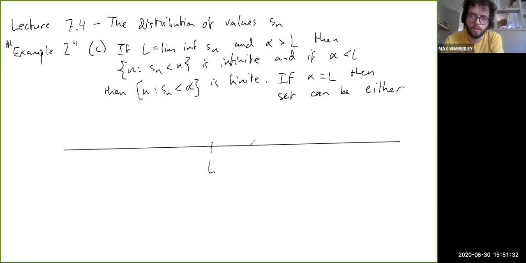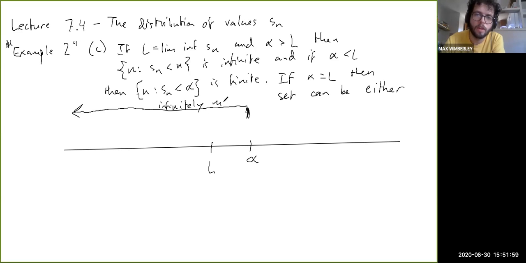So to just draw the picture, if we have alpha over here, then what we're saying is there have to be infinitely many terms.